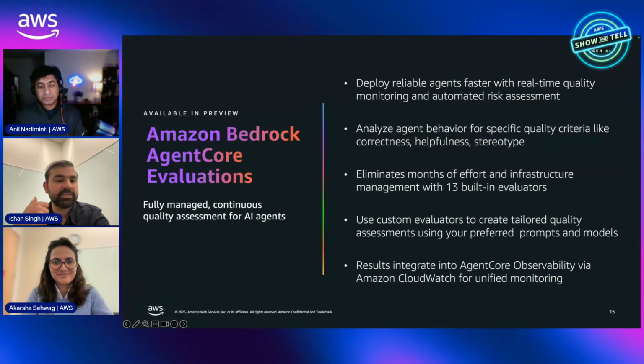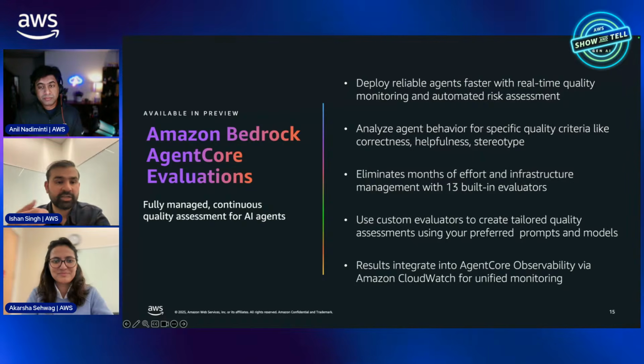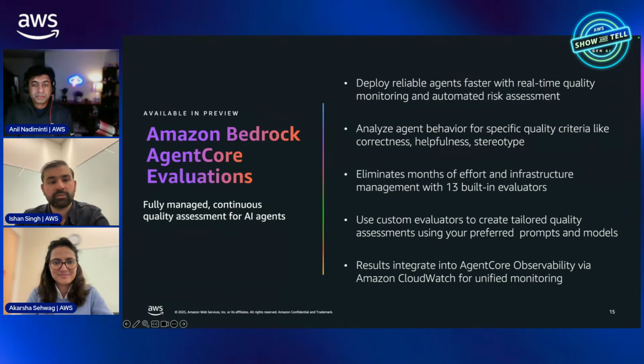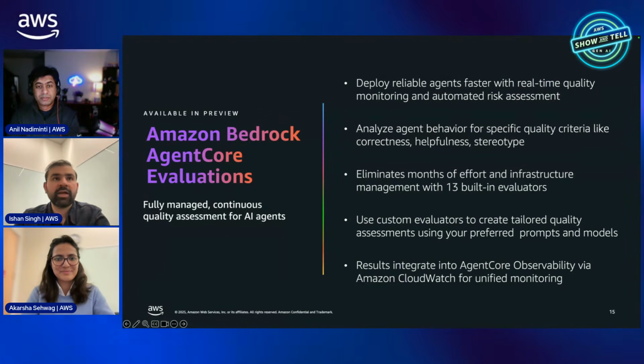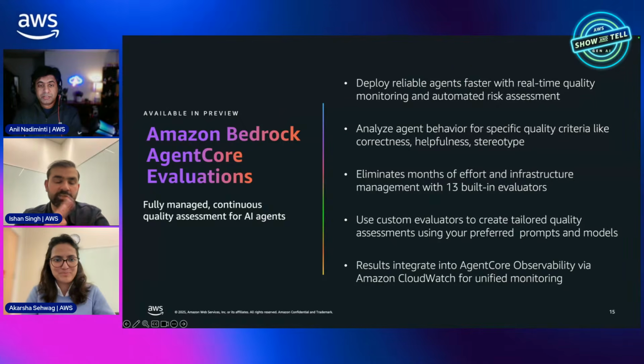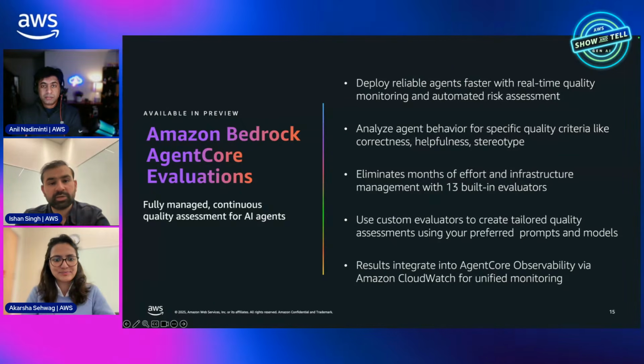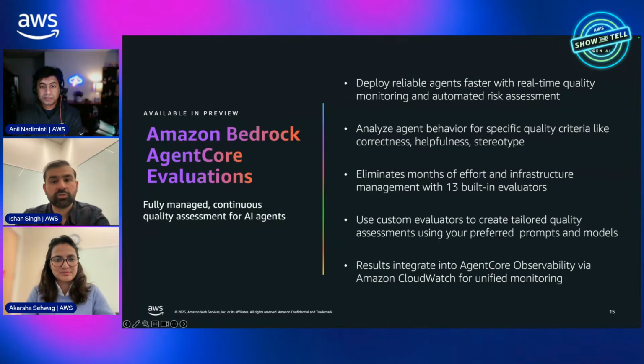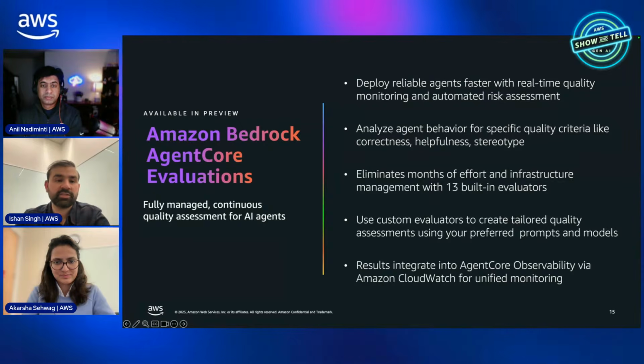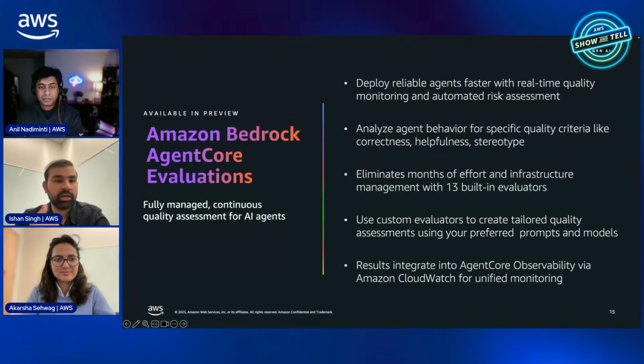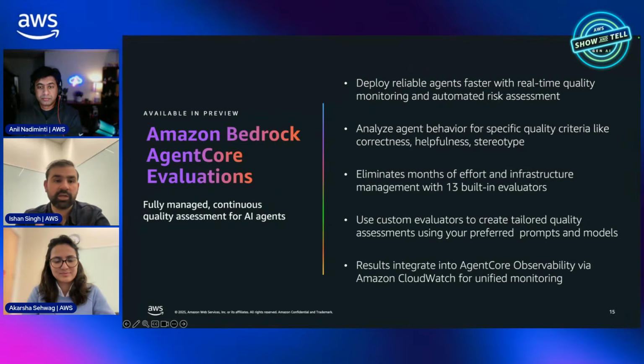So you have latencies, information about what the agent did, the trajectories, and all of that along with evaluation in just one place. And since everything with AgentCore observability as well as evaluation is powered by CloudWatch, you have all the amazing features that CloudWatch supports, like alarms, and you could trigger downstream tasks using those alarms and things like those.